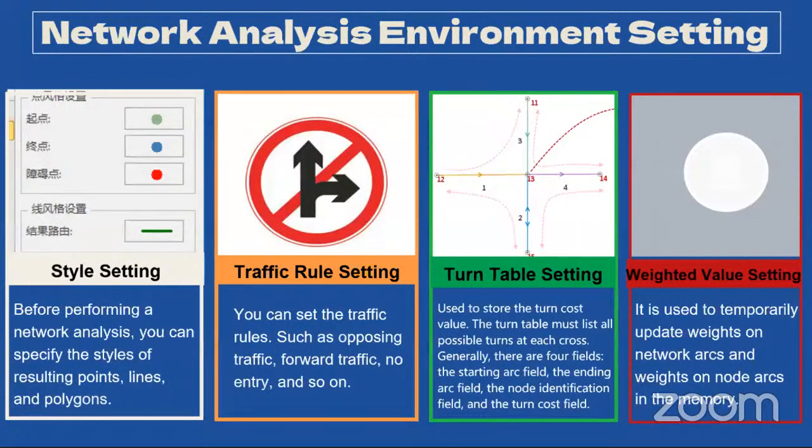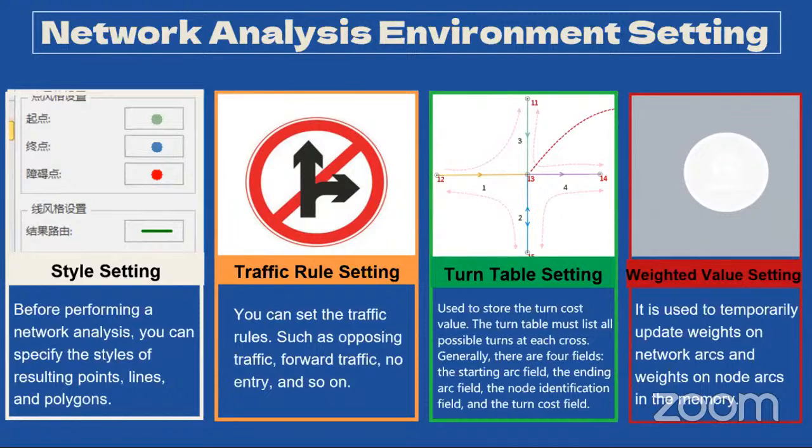So this is what I told you previously, where you can set the analysis environment. Under the network analysis environment setting, we have a style setting, traffic rule setting, turntable setting, and weighted value setting. For the style setting, you can specify the style before performing the analysis, like the style of points, line, and polygon.